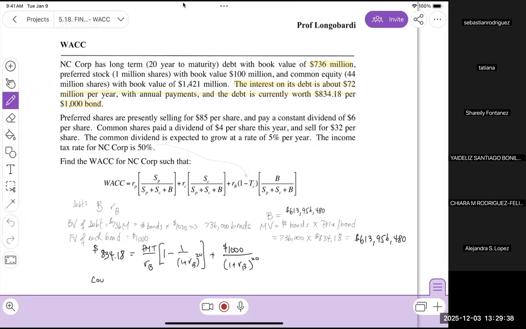So the coupon rate is the 72 million, I'm just going to use an M, divided by the total book value. And you figure out that the rate is 0.09783.